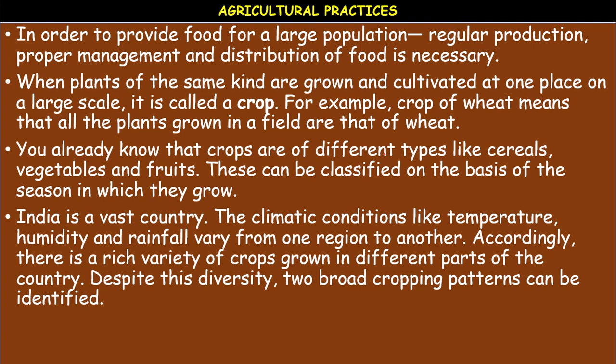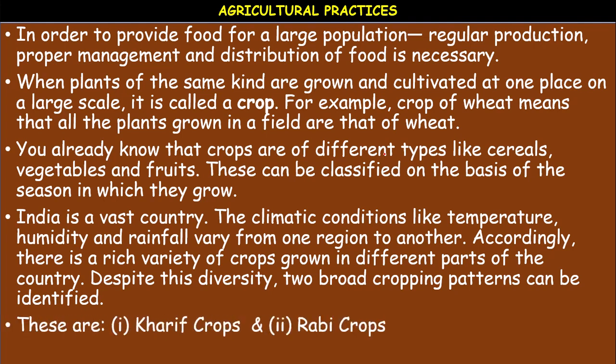Despite this diversity, two broad cropping patterns can be identified. What are they? They are kharif crops and rabi crops. In India, there are two main seasons for cultivating the crops: kharif and rabi seasons. Accordingly, the crops grown in the seasons are known as kharif and rabi crops. What is a kharif crop?